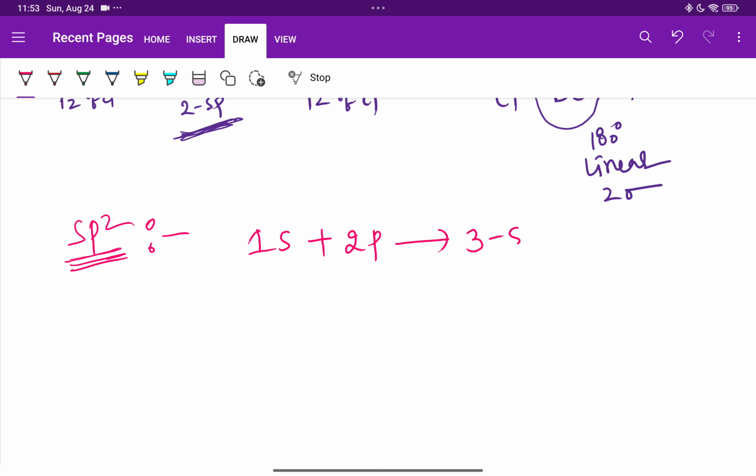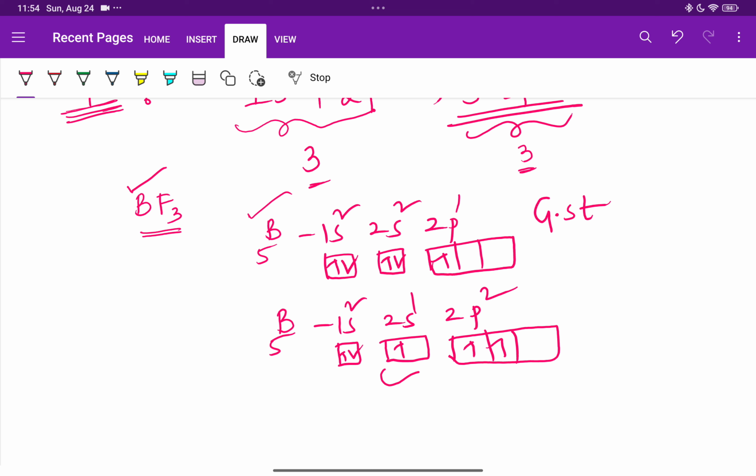But if you want to perform hybridization, the central atom should get to the excited state, that is boron 1s2, 2s1 as well as 2p2. So 2s1, 2p2. So the intermixing of 1s, 2p will give you 3 sp2 hybrid orbitals.